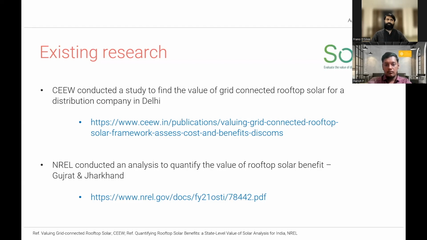Another study with respect to India was conducted by a research institute called NREL, which analyzed the value of rooftop solar for Jharkhand and Gujarat.